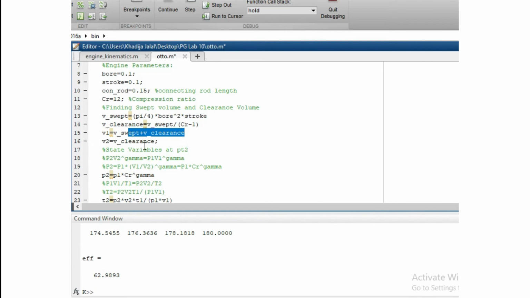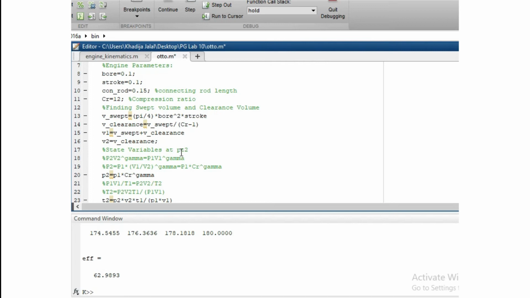In order to find the volume at state 2, as in this state the combustion occurs, the thermal energy is used to do work on the piston, and in this case the piston is pushed up in order to increase the volume. So when the piston is pushed up, the volume V2 is only equal to the clearance volume. So we have also found the volumes V1 and V2 by using these expressions.